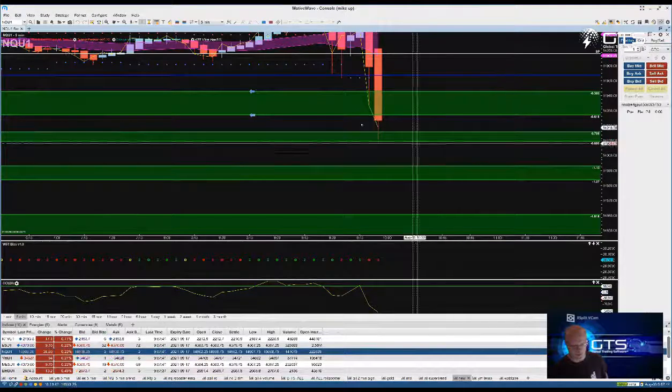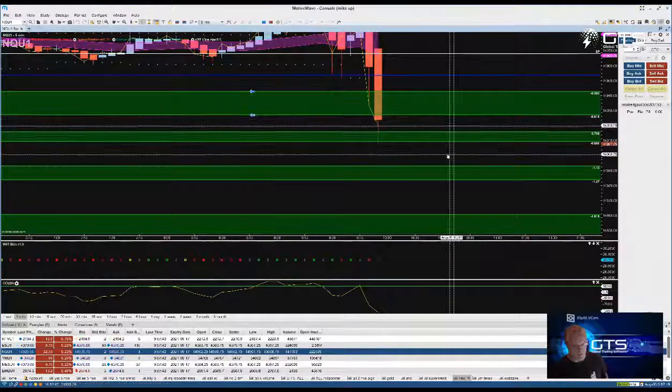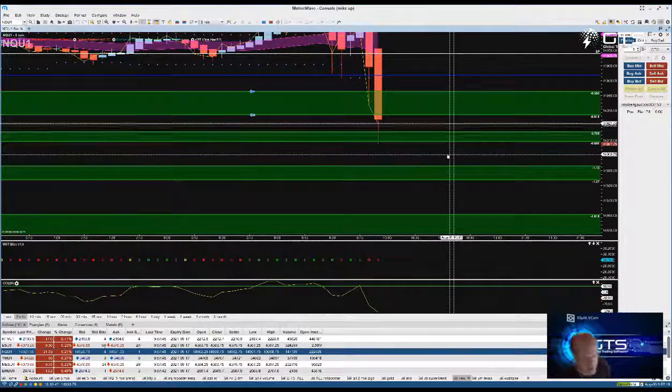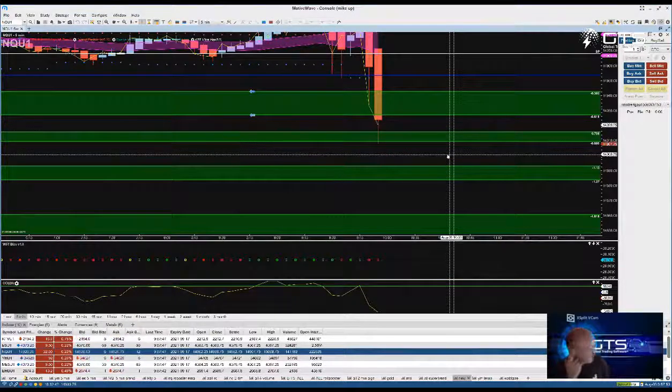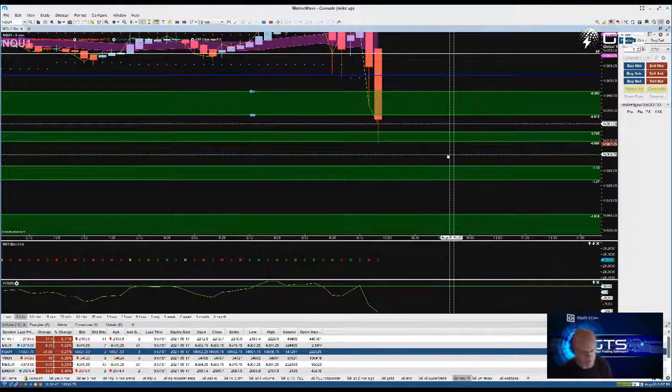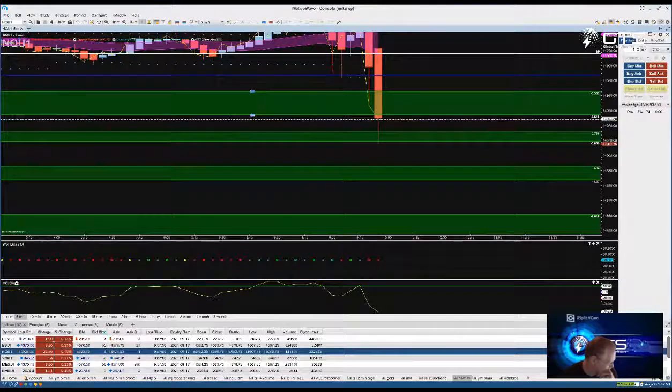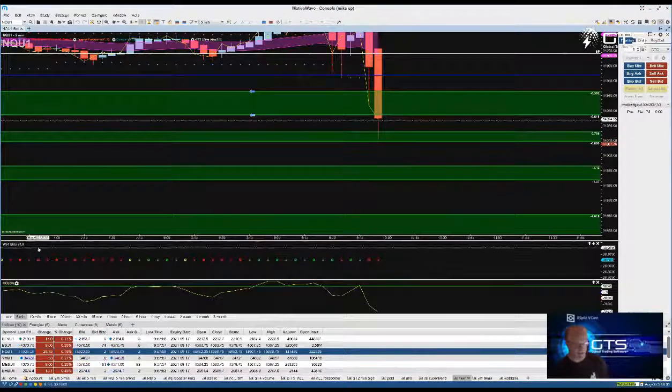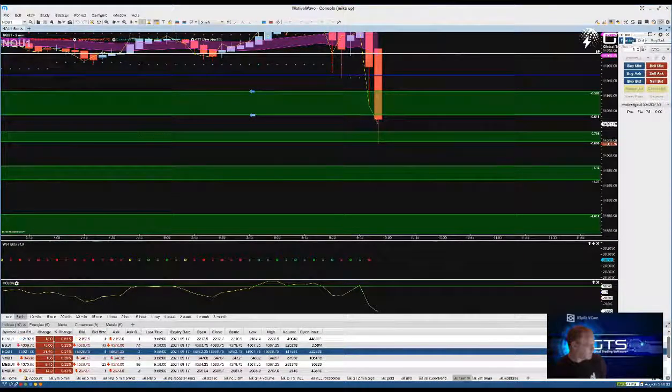You just gotta stay below this blue arrow, where I marked that zone the other day. I marked it this morning, but just need to stay over that. Let's see here what we got on the screen.